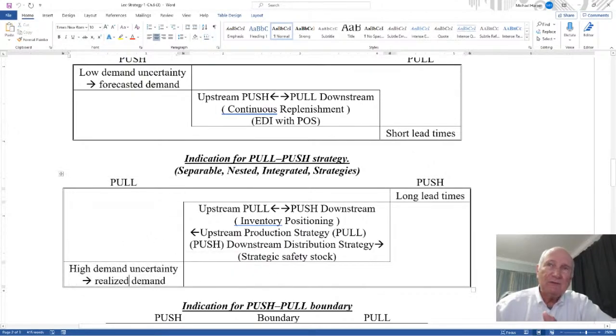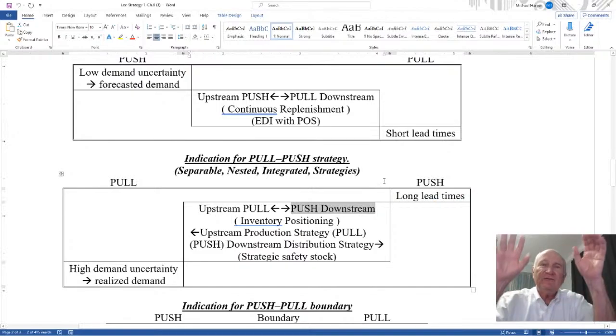But the longer lead times then will be a push system, and the high demand uncertainty is a pull system. An example that was given here is either the automobile industry, which you're going to have for customized automobiles, or furniture. So upstream pull and downstream push is inventory positioning, because, since the push is downstream, you position your inventory downstream.